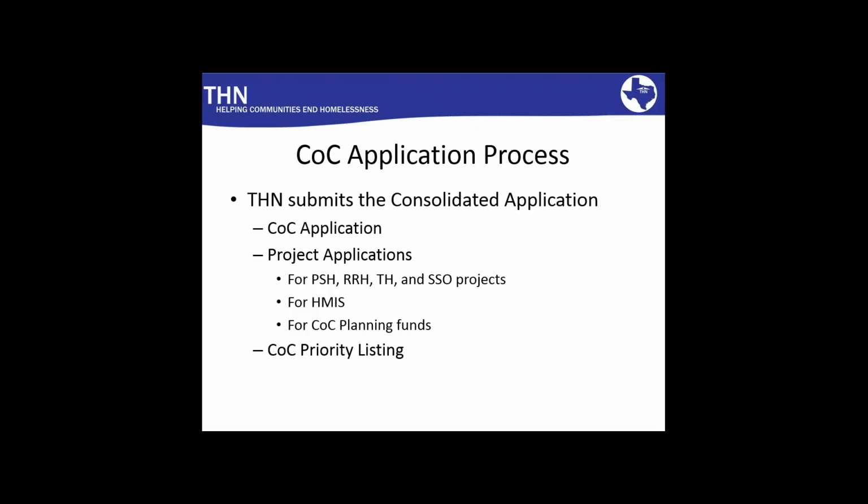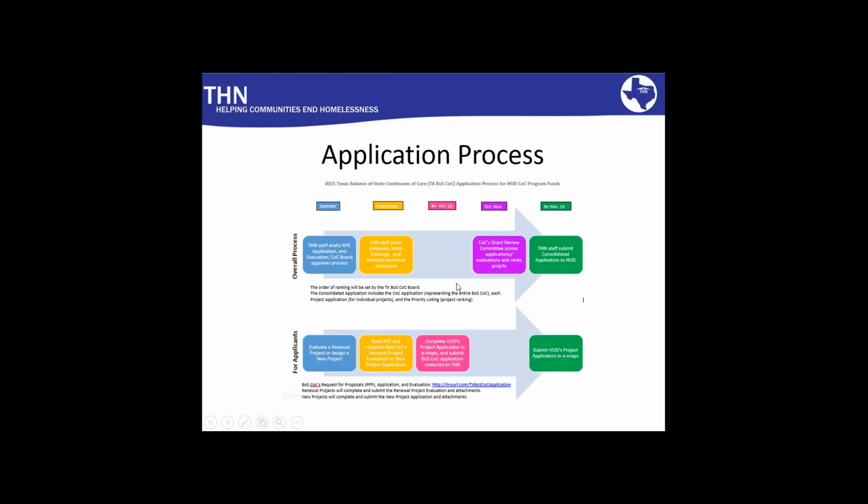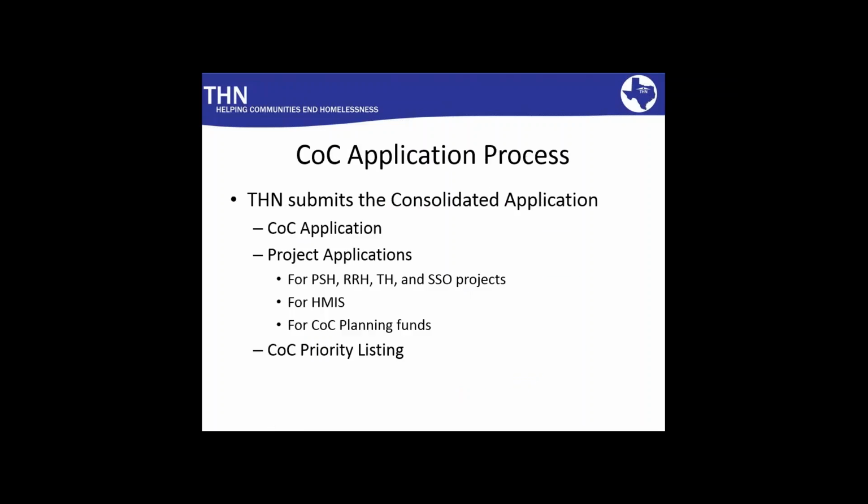There are three parts to the consolidated application. The CoC application, which is representing the entire CoC. Project applications, which are all the applications for projects that are permanent supportive housing, rapid rehousing, transitional housing, and SSO projects.